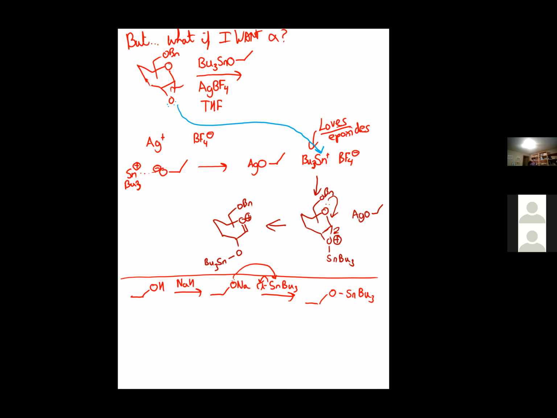And all else being equal, stuff being a little bit favored, because like ether, THF sitting beta, our nucleophile is going to come in alpha. We're getting alpha attacked because of the anomeric effect.